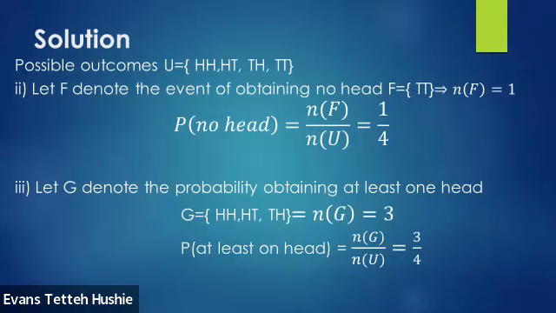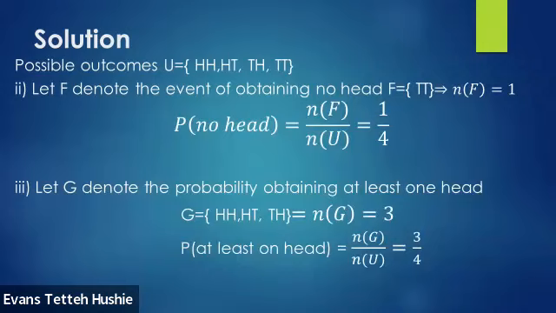So this is telling you the number of times, or you expect me to assume this is what he means, and I'll match. And so here is the number of times the event G occurs, which is 3. We are saying: let G denote the probability of obtaining at least 1 head. From our list here, at least 1 head, can you count?